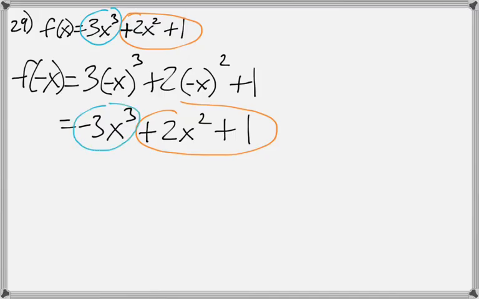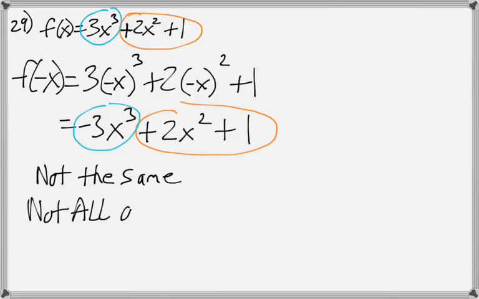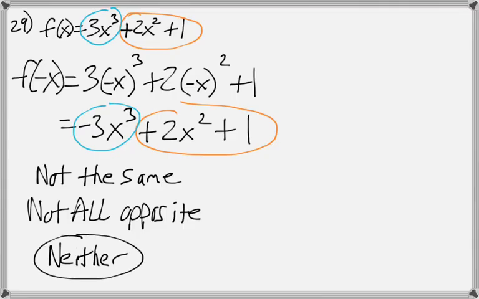So what that means is, because it's not the same, and they're not all the opposite, then this is neither. So it's not odd and it's not even. So it is possible that it can be not odd and not even.